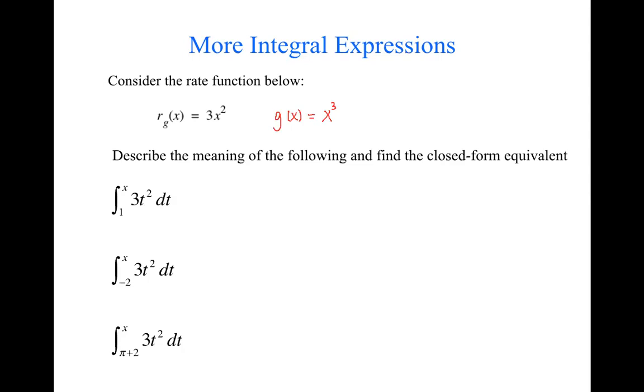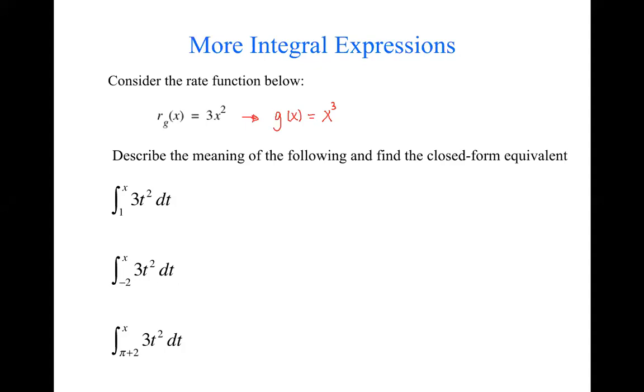Now, there's more than one function that has this exact same derivative. More on that in a minute. But would you agree that this would be okay? Using this as g of x, it would definitely have that derivative. So this is the net accumulation between x equals 1 and any value of x at this rate. At this rate, r sub g, this is of t times dt.